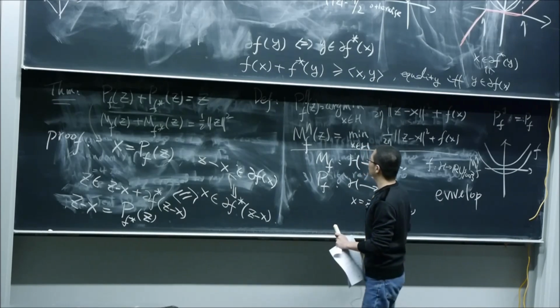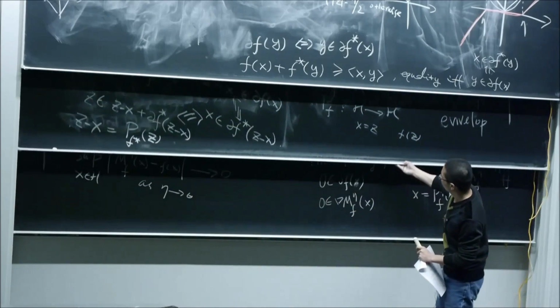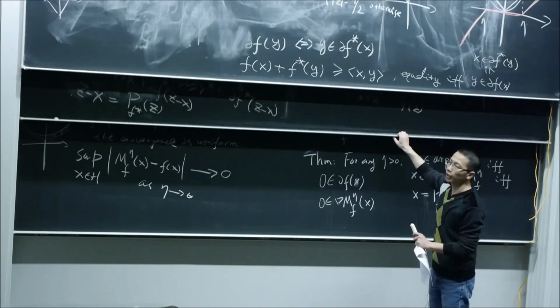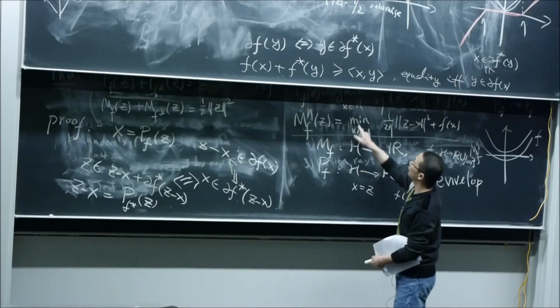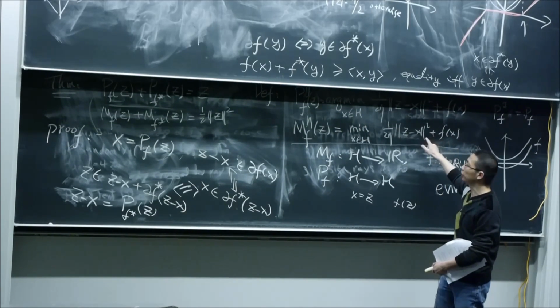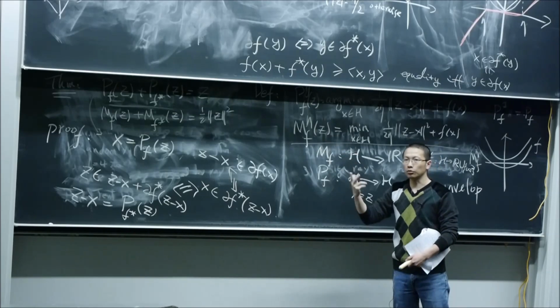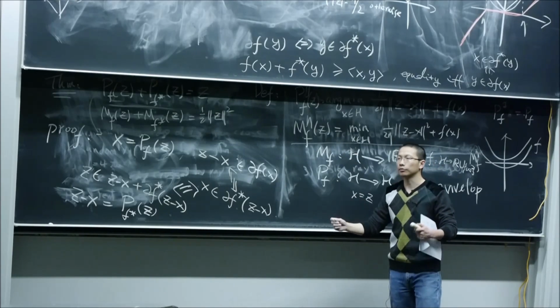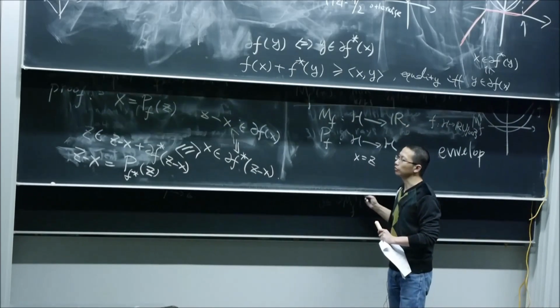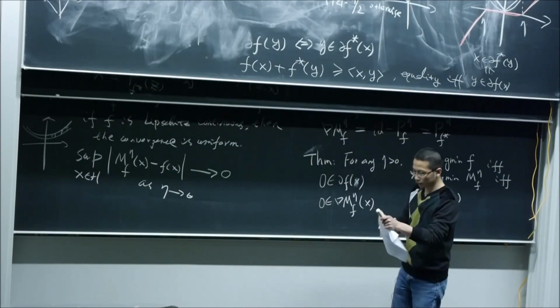That's basically what this result says. On the other hand, if you have the proximity operator, meaning the minimizer, you just plug into this formula here and you get the envelope function. So that's why the proximity operator and the envelope function have a one-to-one correspondence. You can make that rigorous actually.